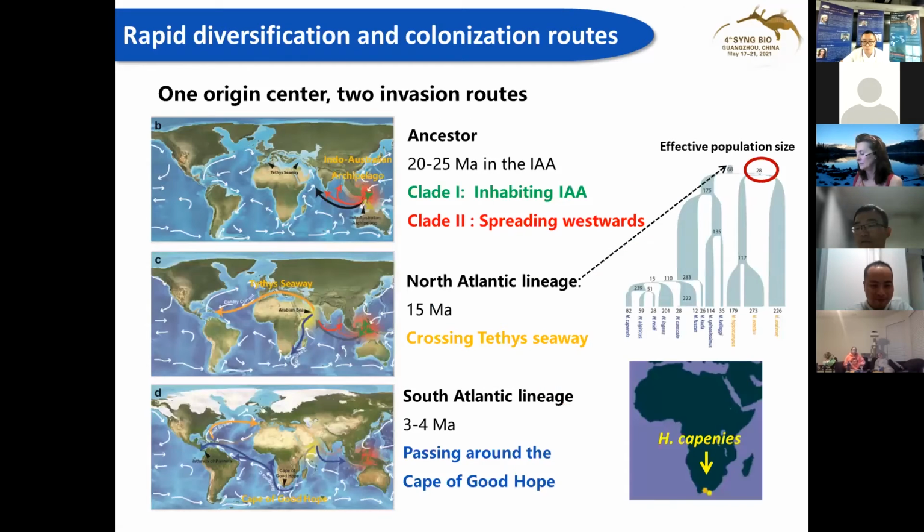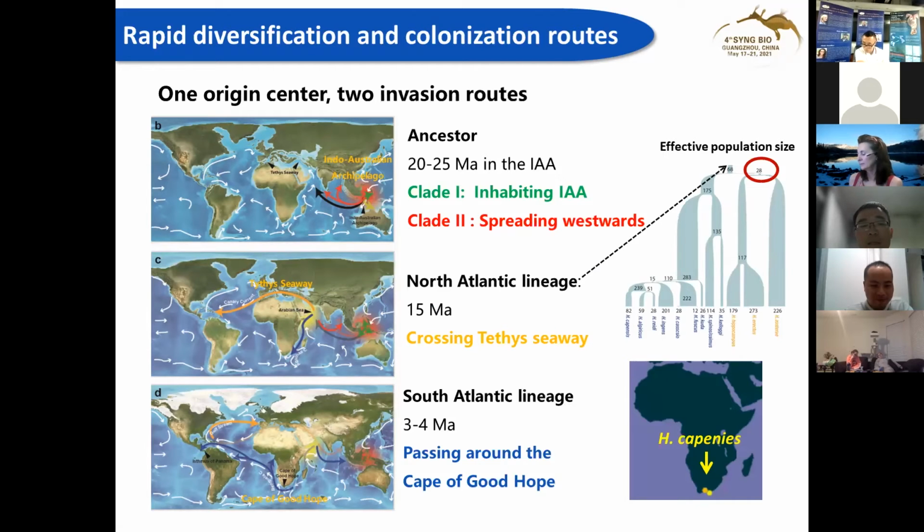So further, we tried to do something more to answer these questions. The topology and the branch lengths of the species trees were used to reconstruct the geographic diversification and to test different models of diversification in space.